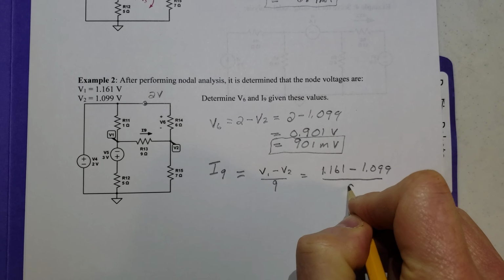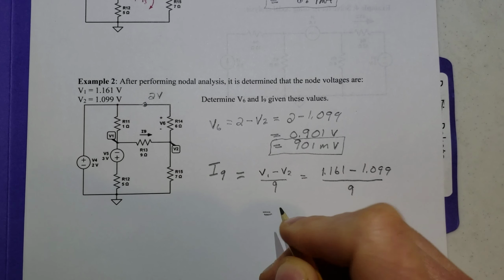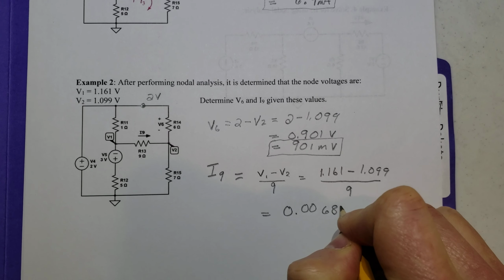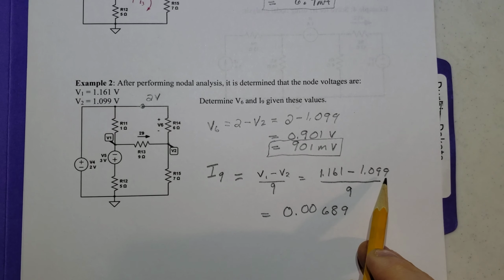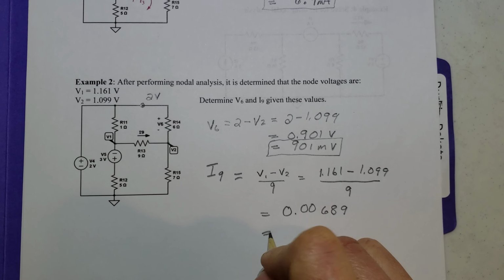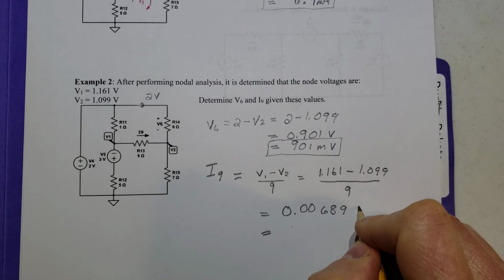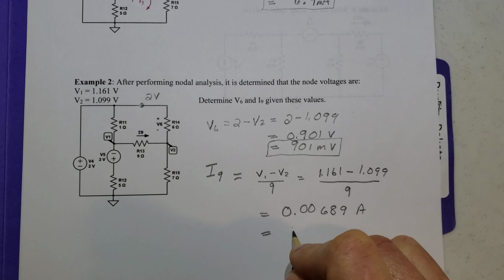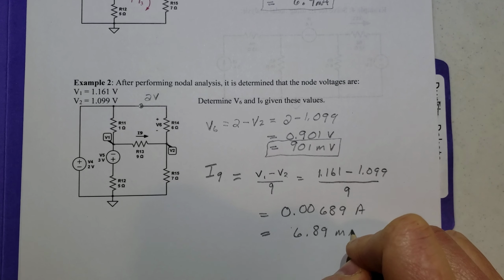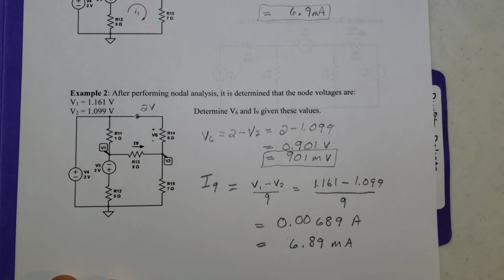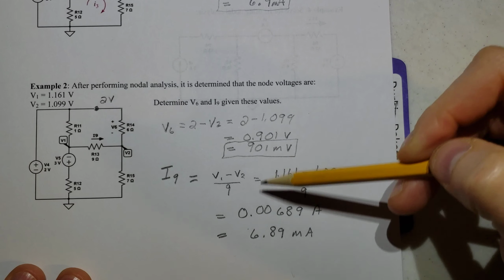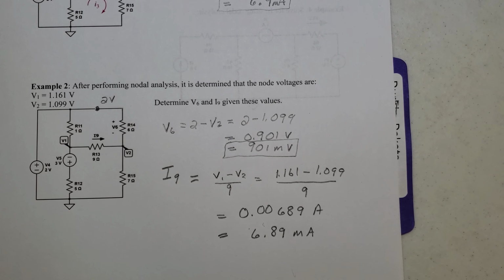We'll divide that by 9, and we get a pretty small number, 0.00689. That's why we had these 4 sig figs in here, because we were taking a difference. And that's amps, so we'll put it in engineering notation. We get 6.89 milliamps. And again, we look back to the top. We got 6.9, we got 6.89, so to within our precision, those agree.